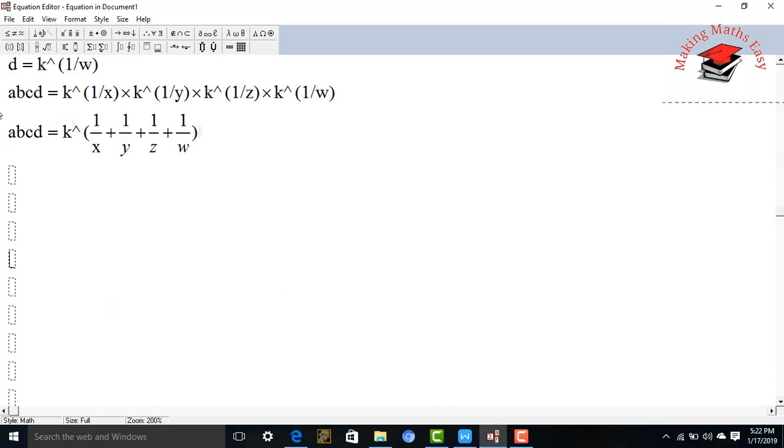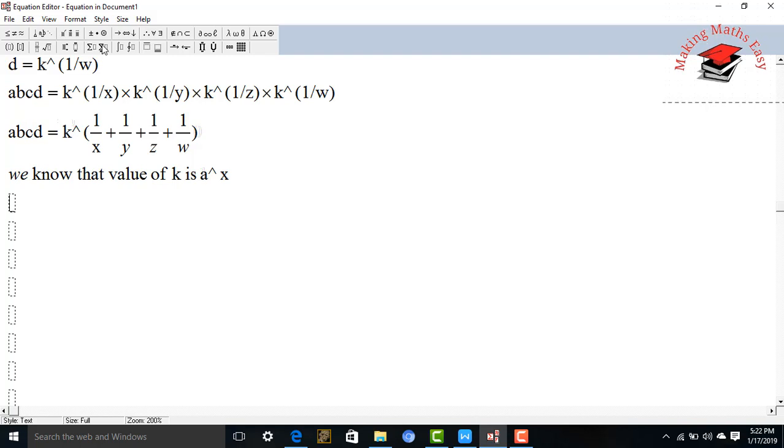Now remember one thing, as we know that the value of k is equal to a raised to x. So instead of k we can write a raised to x.